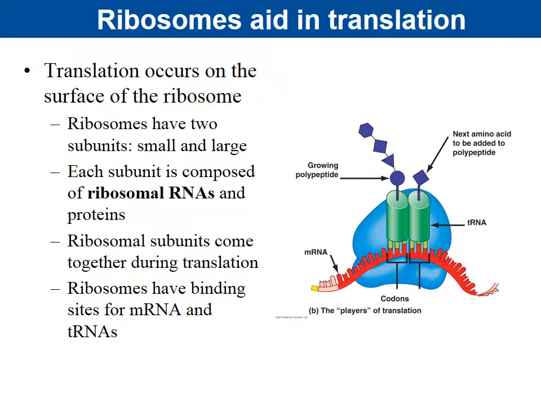Now, remember that when we talked about cell organelles, we mentioned that the ribosome is responsible for protein synthesis. And so the ribosome is going to be responsible for translation. Remember back to when we talked about the ribosome, it has two subunits, a small subunit and a large subunit. And each subunit is made up of ribosomal RNA and proteins.